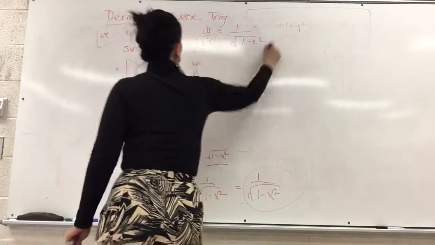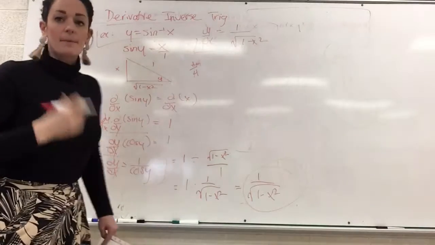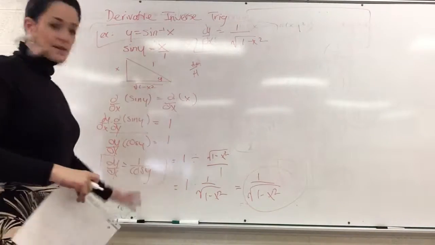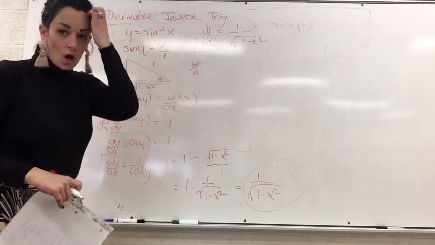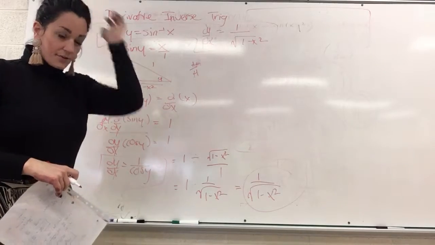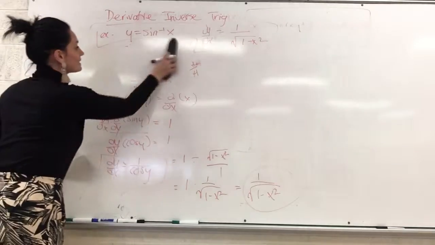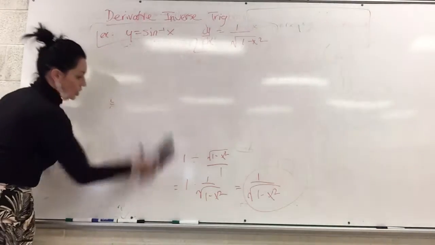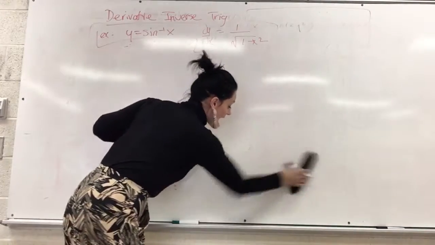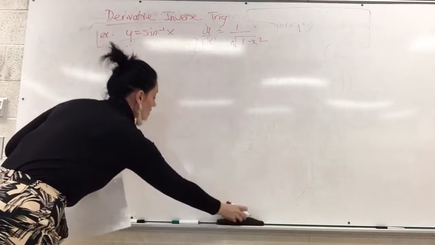Hopefully you will get to a point where you actually remember that, but if not, you can recreate this situation yourself to know what the derivative is. Now, you can do the exact same thing with cos and tan, the exact same thing I just did, and derive it.